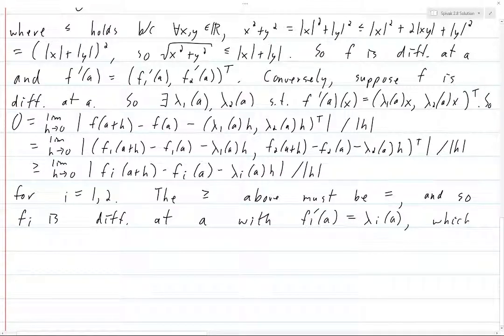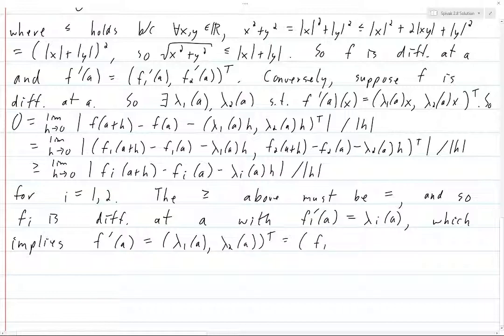And so this implies, furthermore, that f prime of a is in fact equal to (f1 prime of a, f2 prime of a). We already knew that it's equal to (lambda 1 of a, lambda 2 of a), but we now know that it is equal to (f1 prime of a, f2 prime of a).